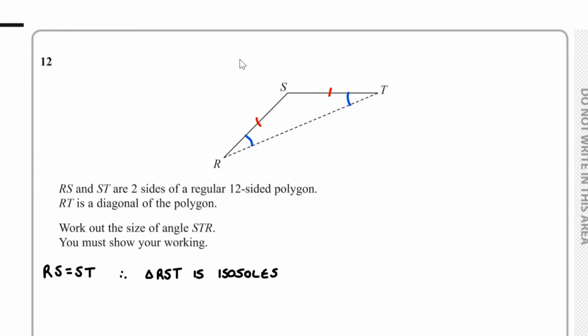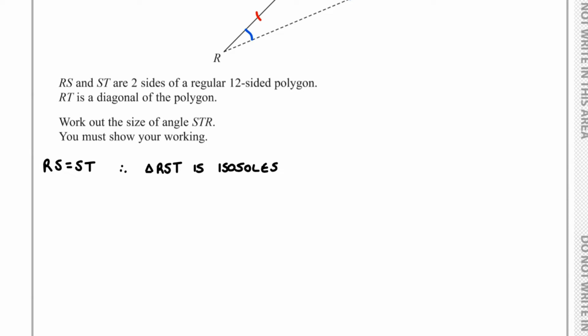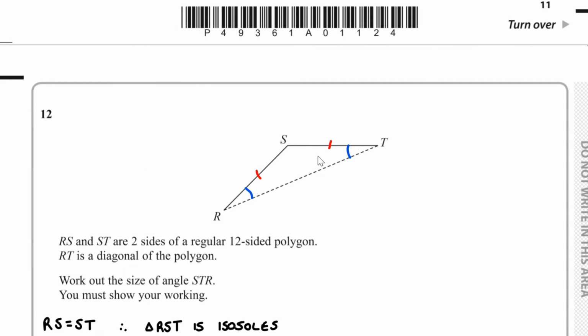So if we find out the external angle of the 12-sided shape, then we've got 360 divided by 12, which is equal to 30. So the external angle of this 12-sided shape is equal to 30 degrees.